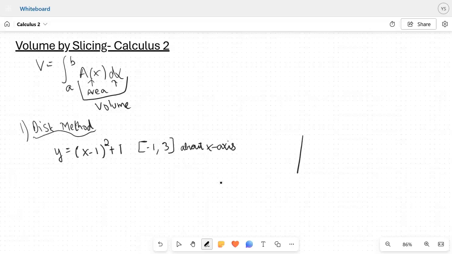Step number 1, always draw the graph. Okay, so this looks like a quadratic graph. It's shifted to the right one and above one. We just need a general idea of what it looks like.